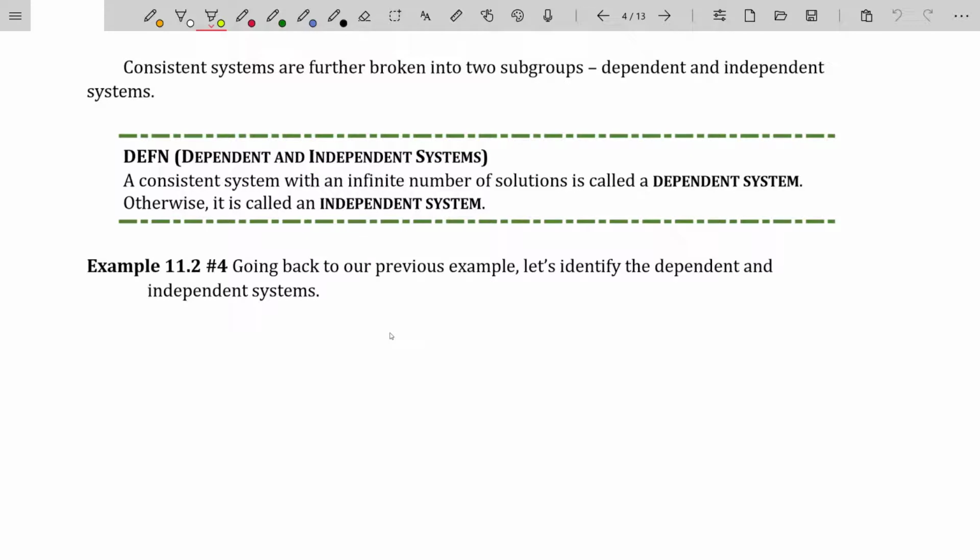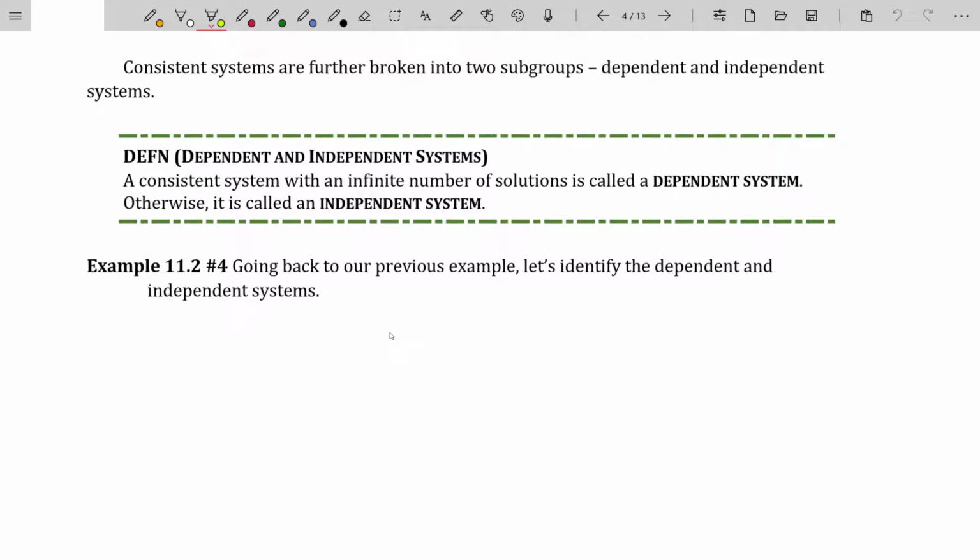Now, it turns out that consistent systems, those that have solutions, are further broken into 2 subgroups, those which are called dependent and those which are called independent systems. And to be very honest with you, that definition of dependent and independent systems really truthfully should be dependent equations and independent equations.